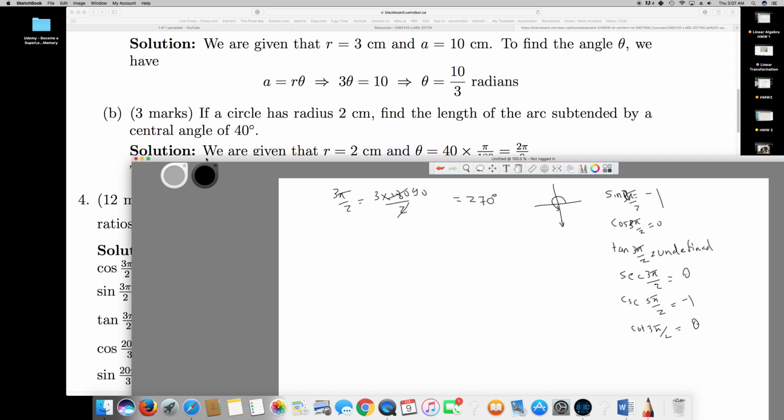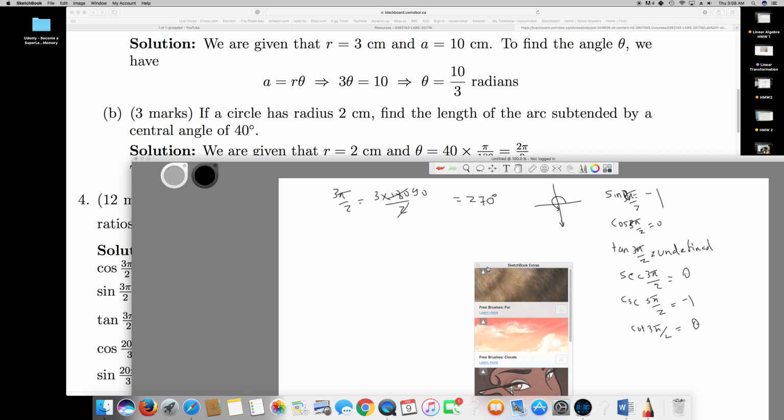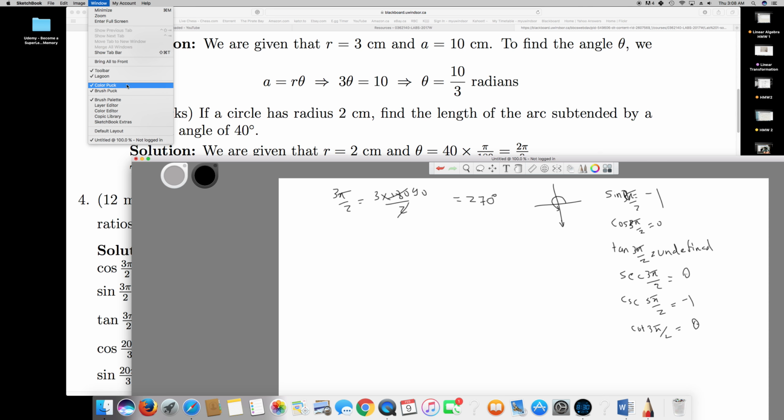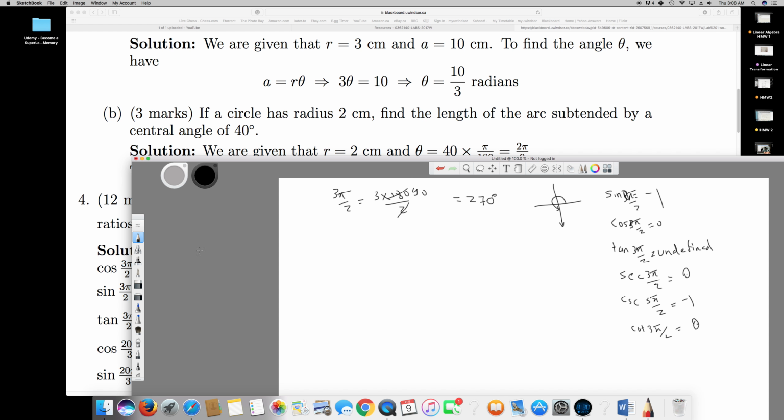So sec is going to be undefined too. So this is our first question done.